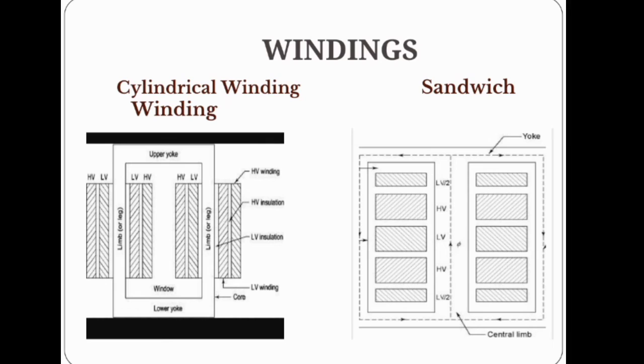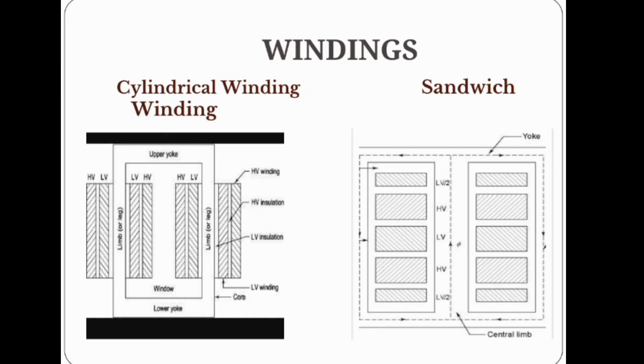Now the winding procedure is different. There are two types of winding procedures: the first one is cylindrical winding and the second one is sandwich winding. The cylindrical winding is also called interleaved winding.